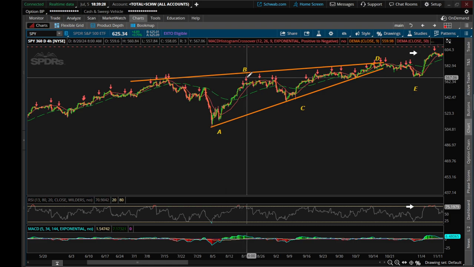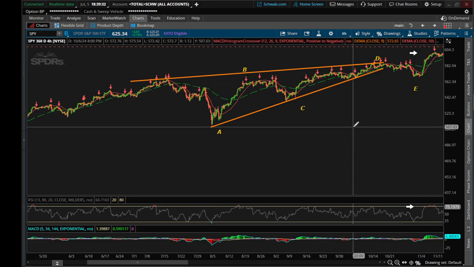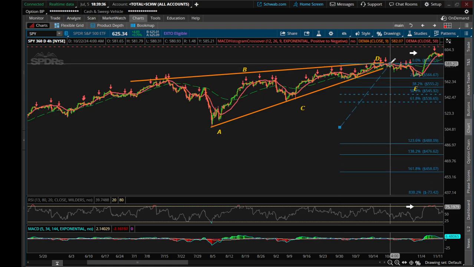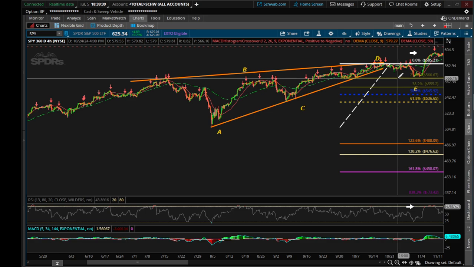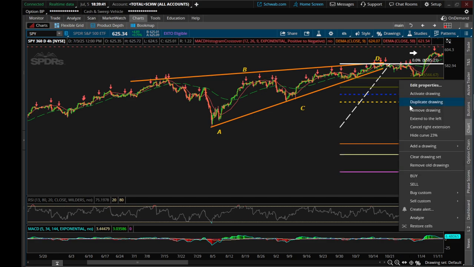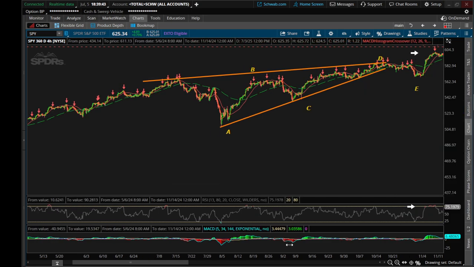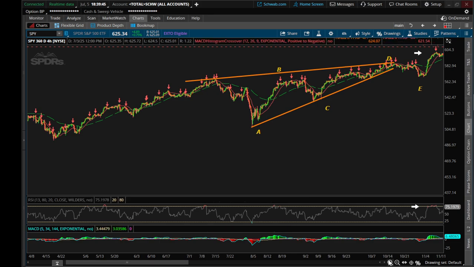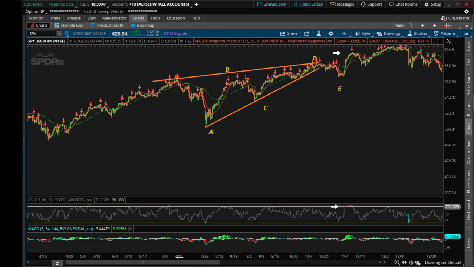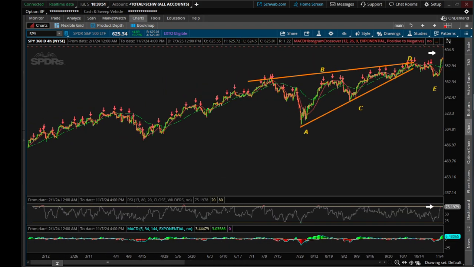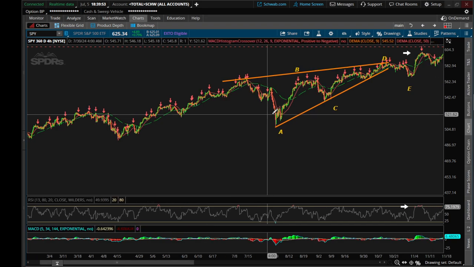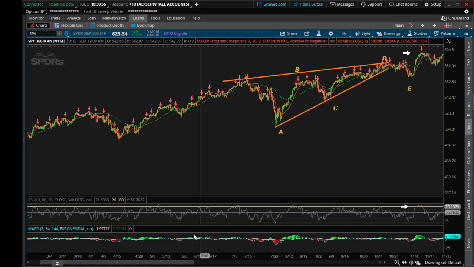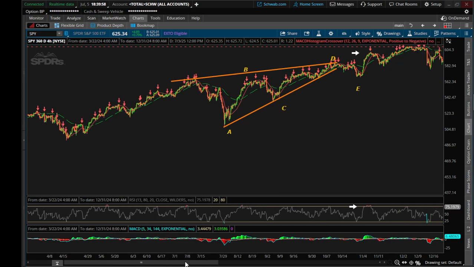So we have an A, B, C, D, and a false breakout for E. Measure this. And it's at the 23.6 retracement. Okay. Can't really go back further than this, but that's kind of irrelevant.